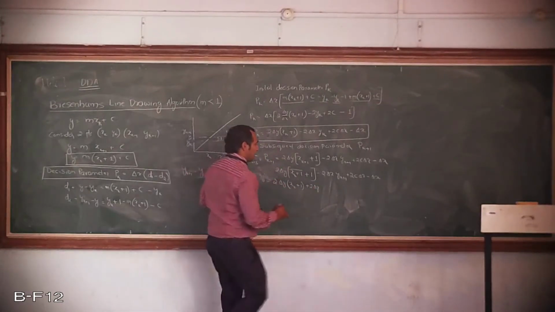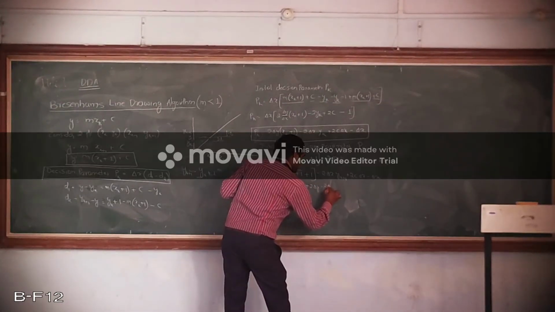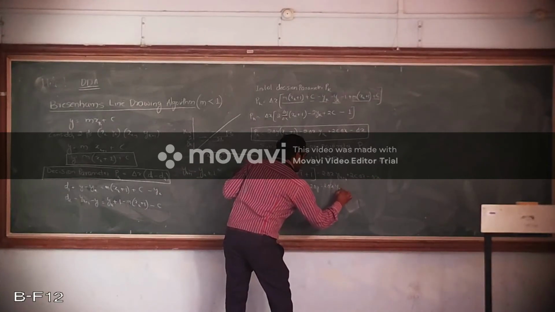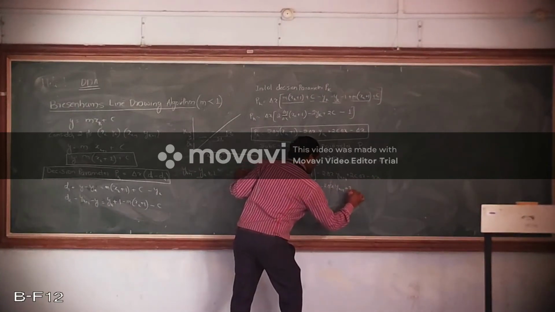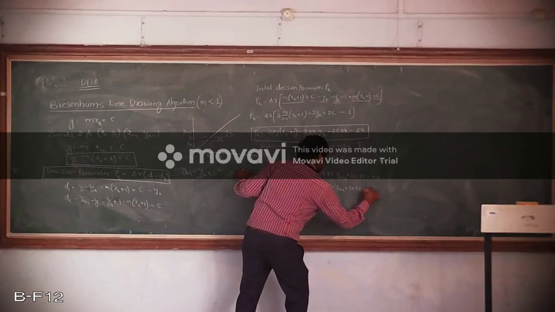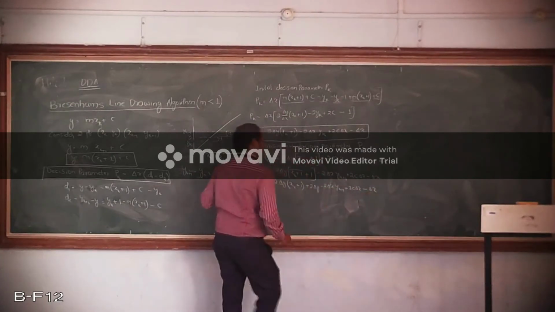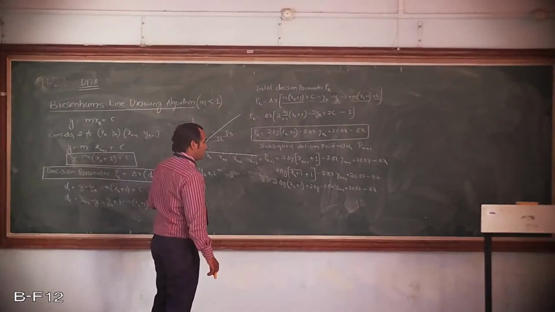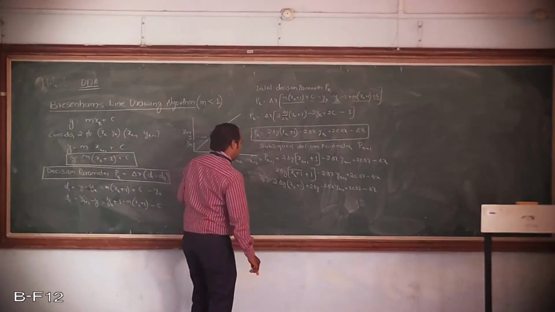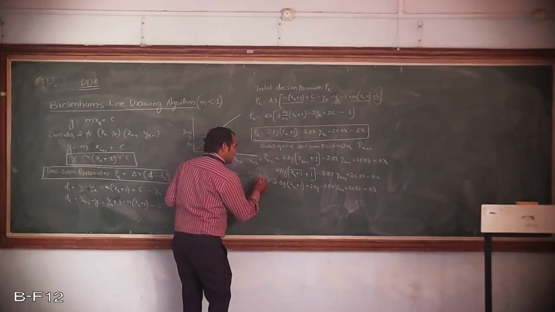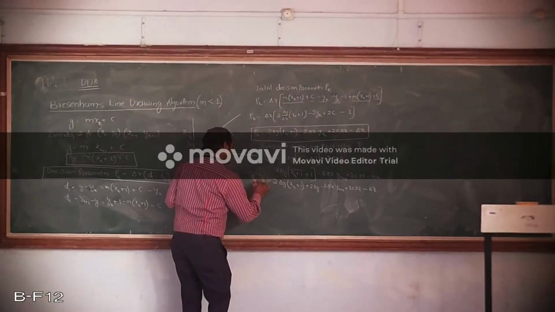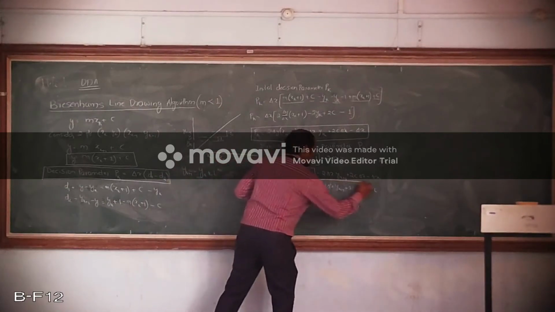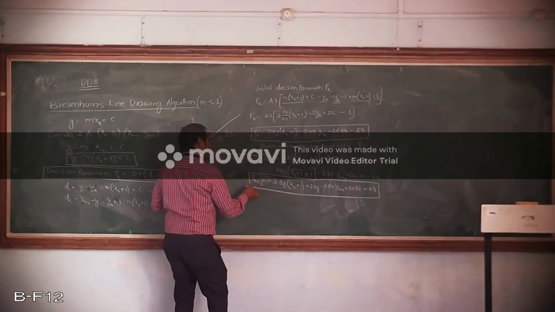Rest of the terms as it is, minus 2 delta x yk plus 1 plus 2c delta x minus delta x. So this is the value of pk plus 1, that is the subsequent decision parameter.